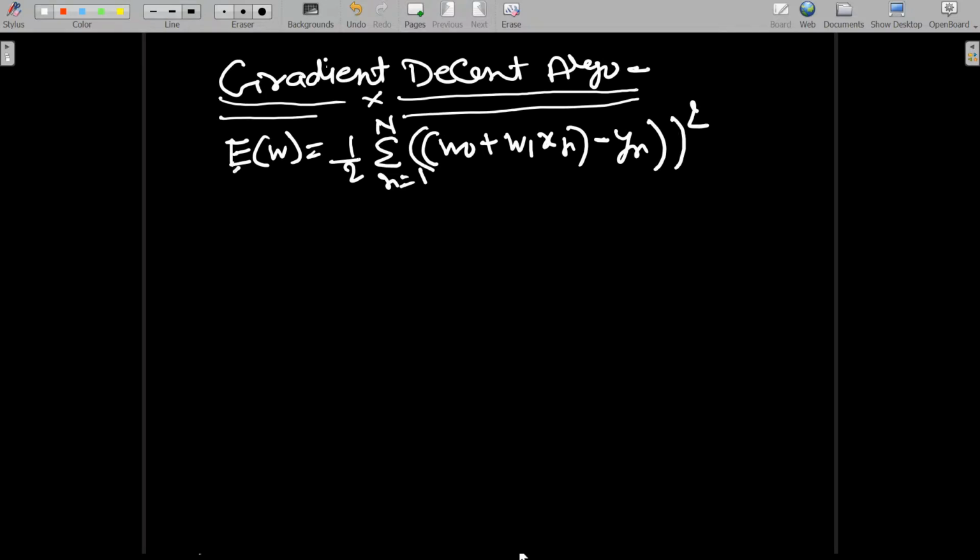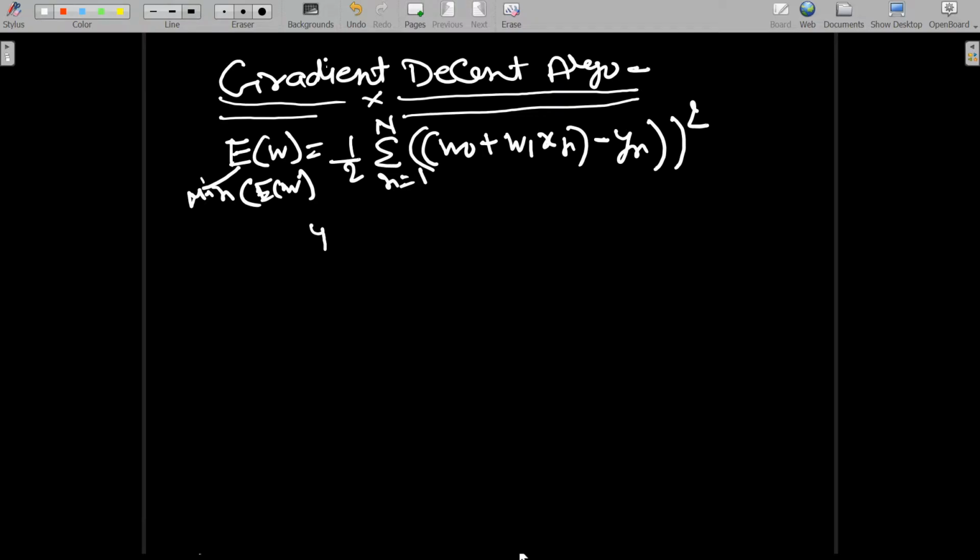This is our error function, and we have to minimize it to find the optimal w0 and w1 which give the minimal error, and then pick that linear regression model for our prediction. So now let's prove this in this manner.